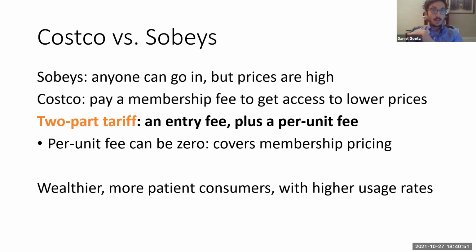So they need to value the future. Like, hey, I'm losing all this money right now, but I'll make it back and then some in the future. So they need to be patient. And also higher usage rates, right? If you expect people to use it quite a lot, then they're going to appreciate a two-part tariff.